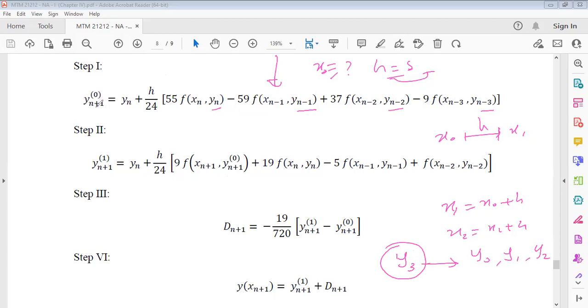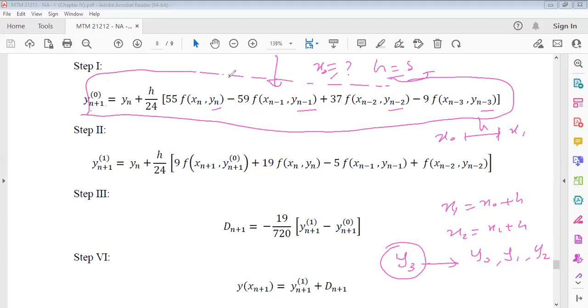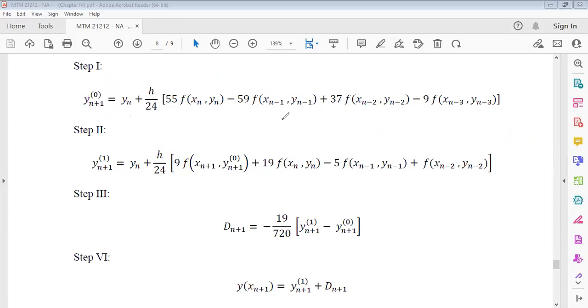So let's say I need the n plus 1th value. You have to memorize this. If you're interested, you can go through how they derived this equation, but it's a big process. They use Newton's backward and forward interpolation formula to get this.